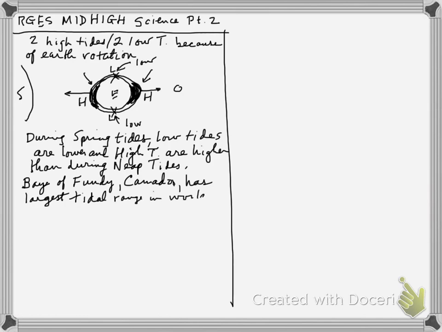And it's because there's a real long bay right here, the Bay of Fundy. So it's like the coastline comes along here, and then there's this real long, narrow bay that goes way up this way, and like this. And so out here is the Atlantic Ocean.